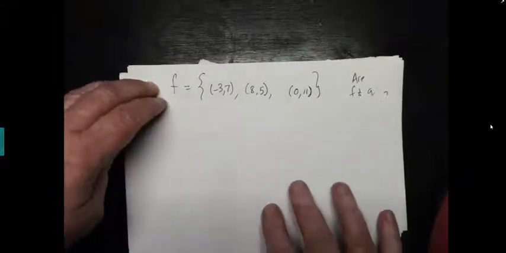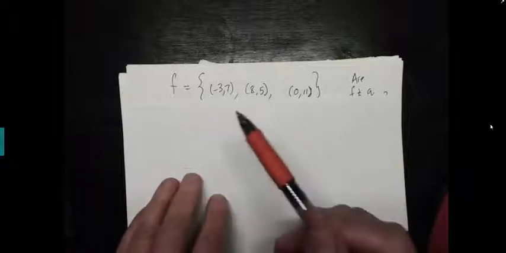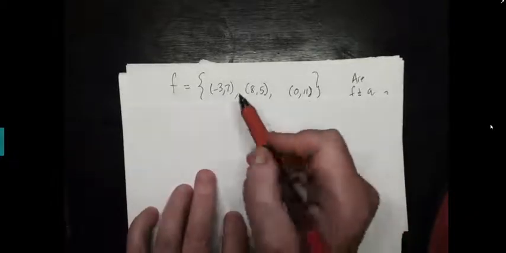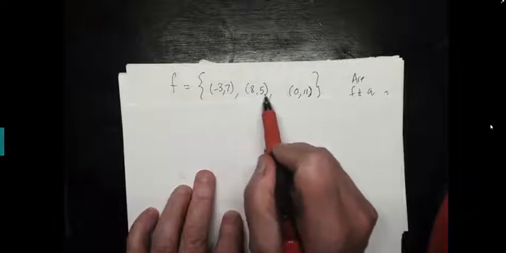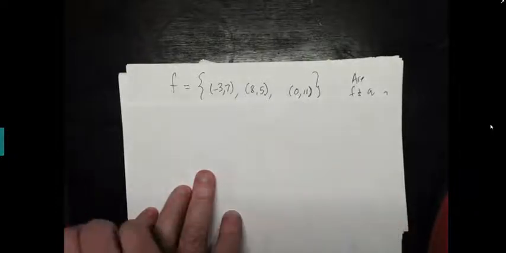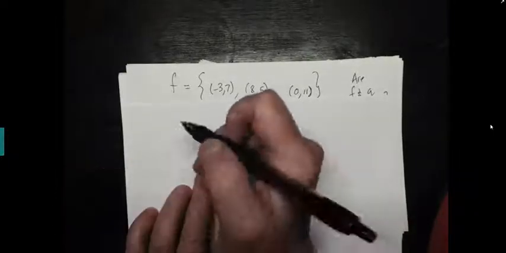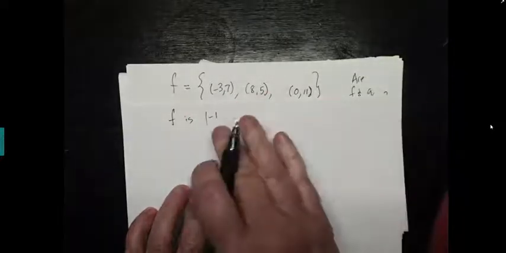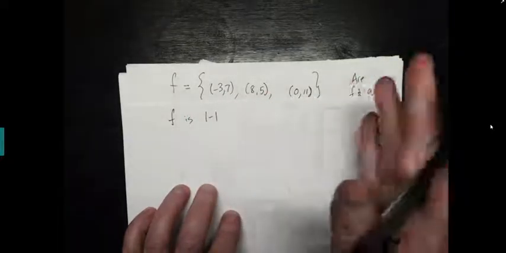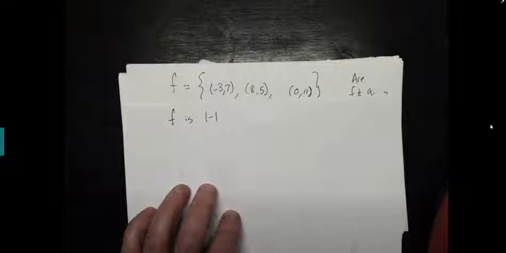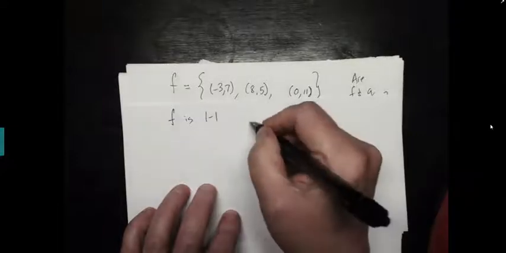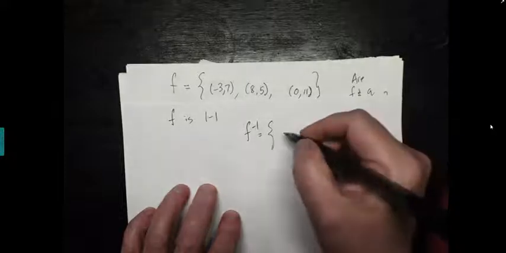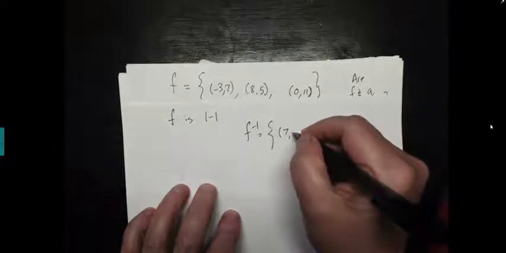Well, let's look at f first. It is a function because none of the x coordinates, or the first entries, are repeated, and it's one-to-one because none of the second entries are repeated. So f is a one-to-one function, and if you have a one-to-one function and a finite list of these pairings, then the way to get the inverse is just to swap the x and y coordinates.